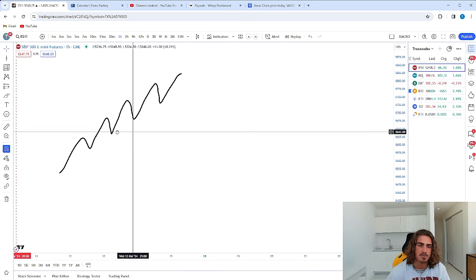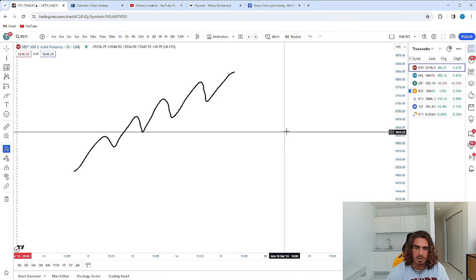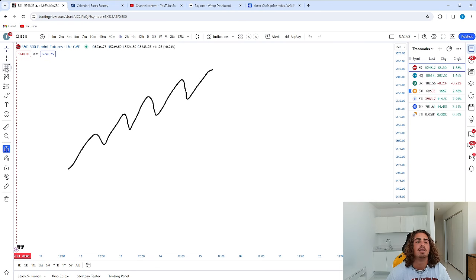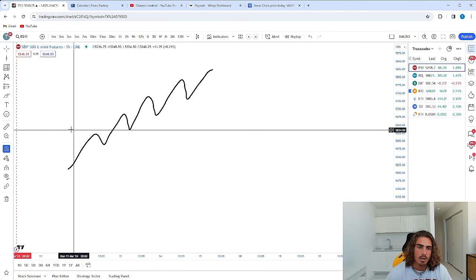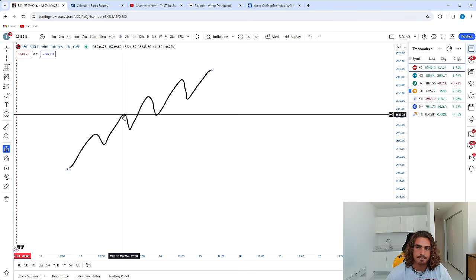Beautiful, the best uptrend I've ever drawn in my entire life. In an uptrend, we take it from the low up to the high.